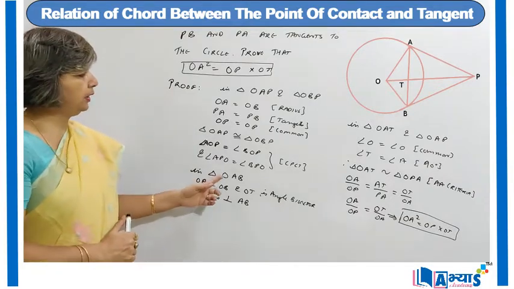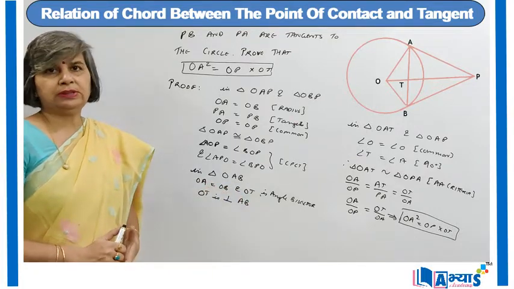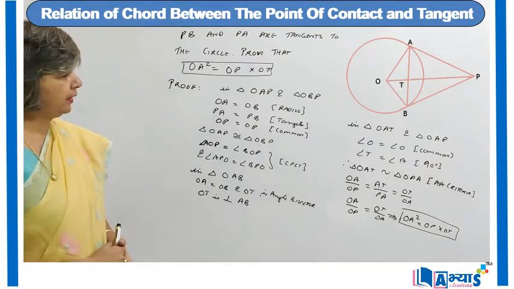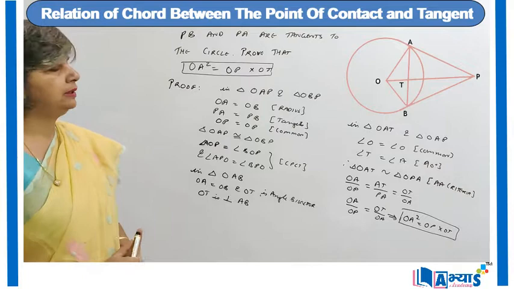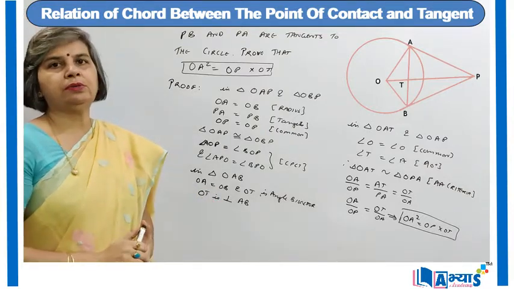Now in triangle OAB, OA is equal to OB because they are the radii of the circle, and OT is the angle bisector of angle O. So we can say that OT is perpendicular to AB because we know that in the case of an isosceles triangle, the angle bisector is perpendicular to the base.